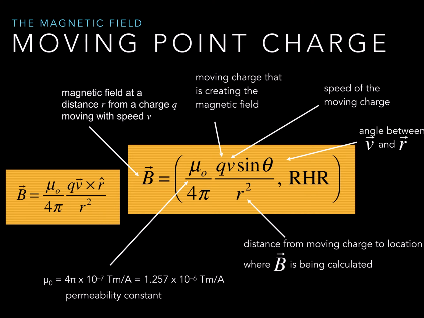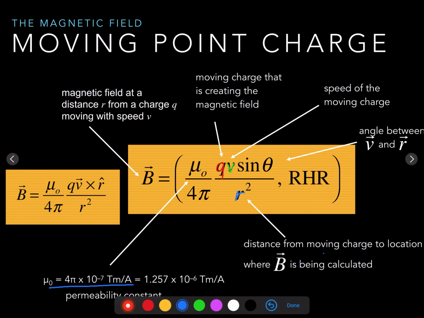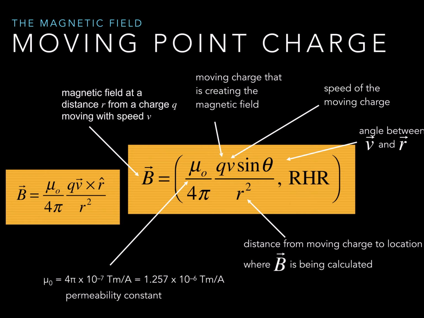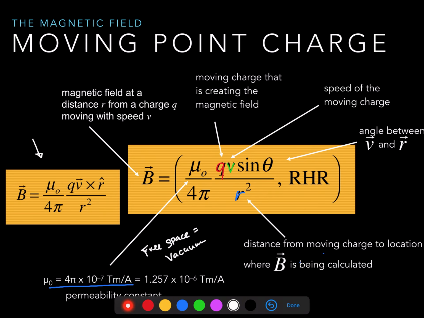It turns out this is useful because magnetic permeability is 4 pi times 10 to the negative 7th Tesla meters over amps. If we take this and divide it by 4 pi, what do we get? Yeah, 10 to the negative 7th. So this whole thing is just 1 times 10 to the negative 7th. Now, if you want to write this in a prettier mathematical way, it looks like this.